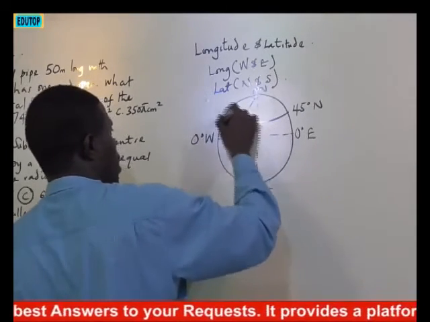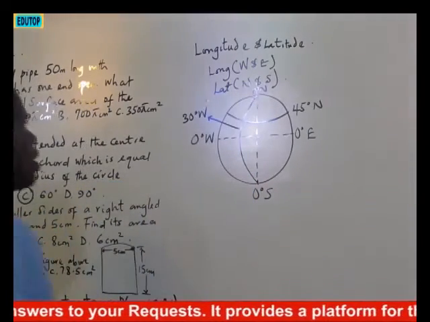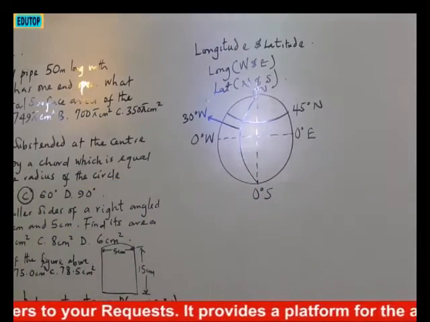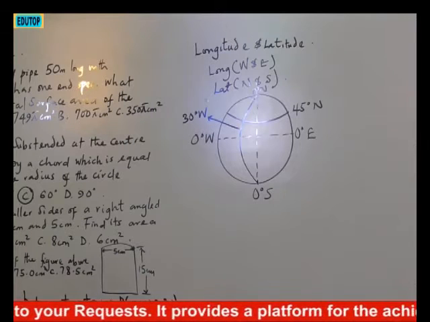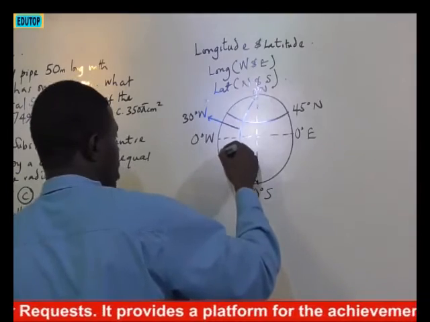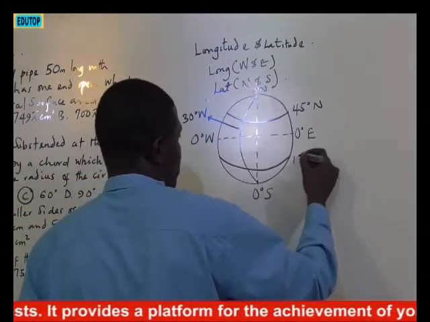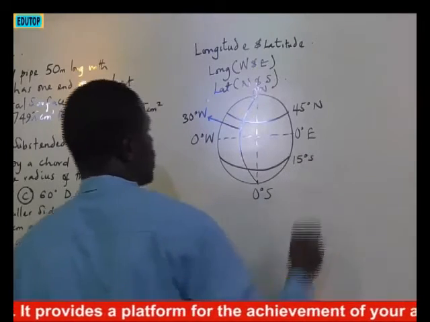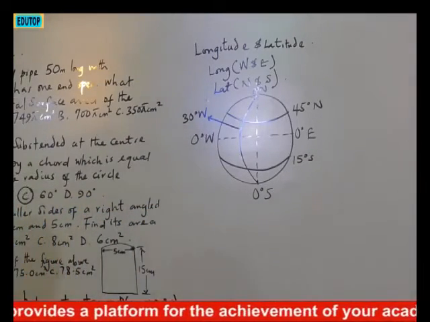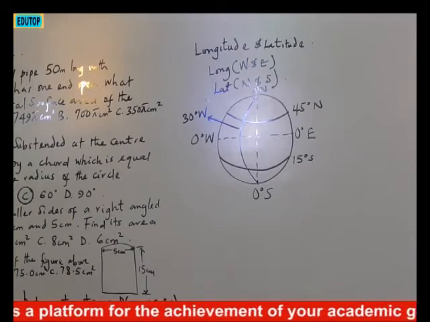So this is our 30 degree west. Now we have 15 degrees south. So 15 degrees south, it will be somewhere here. Then we have 30 degree west. That one remains the same.